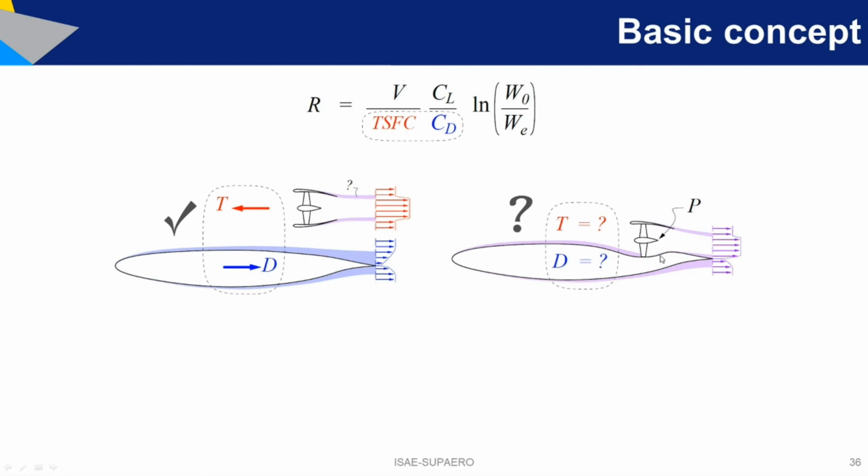It's not that simple. So in this scenario, you can no longer apply the Breguet range equation. And that's why, when we started developing BLI configurations, we realized that all the previous methods, near field, far field, and lambda vector, were not well suited to study this kind of configuration. And that's where the power balance method comes into play.